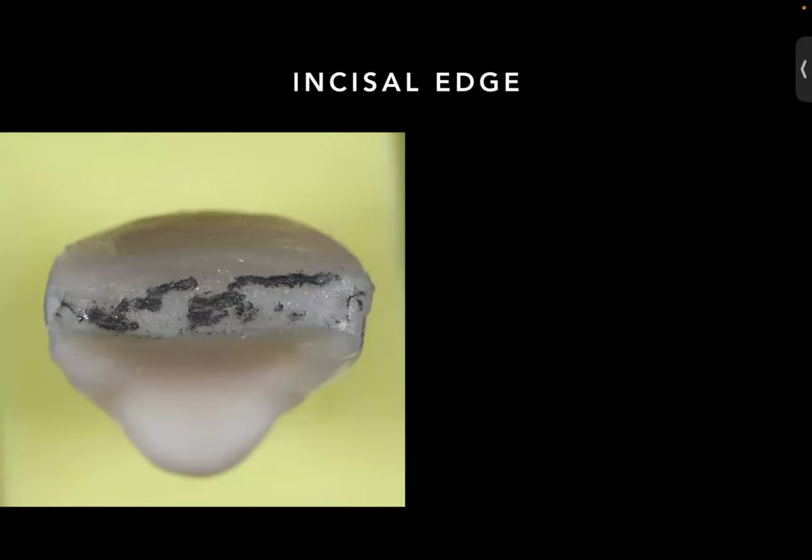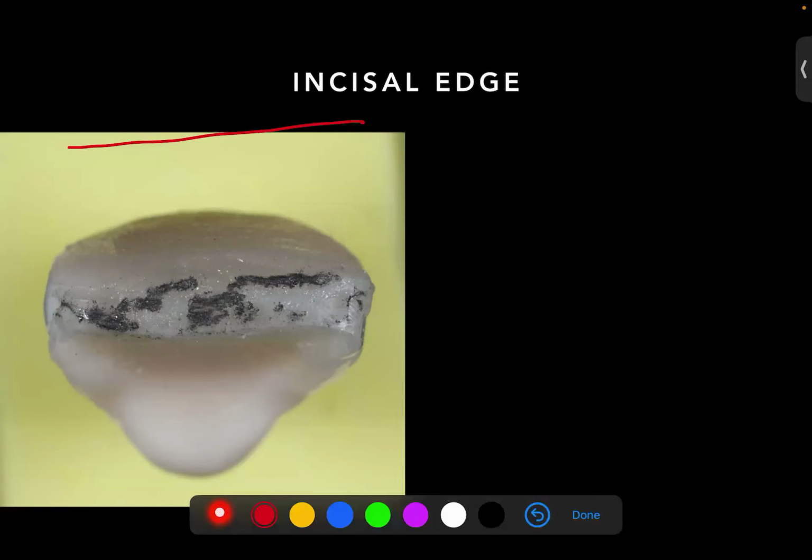To get the perfect incisal edge, this is how you can do it, note it down. Just take a pencil and mark the incisal edge and see where it is not uniform.